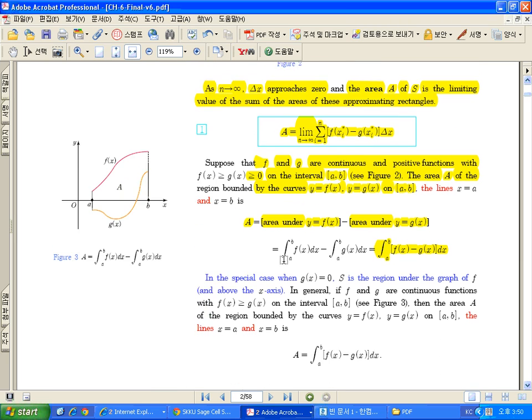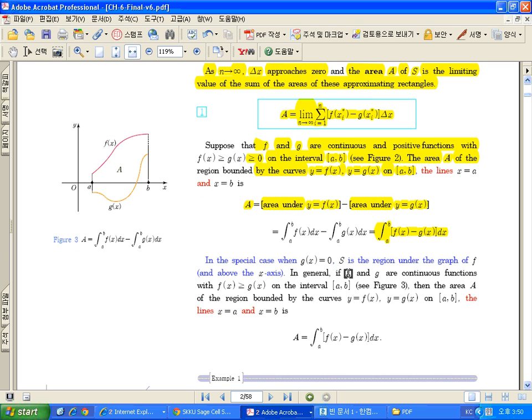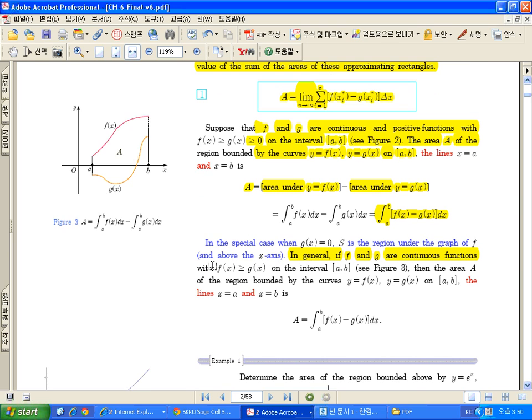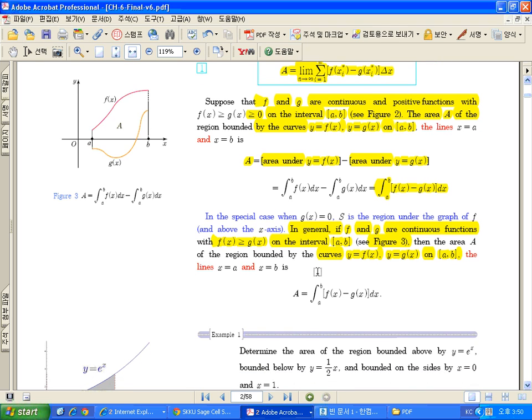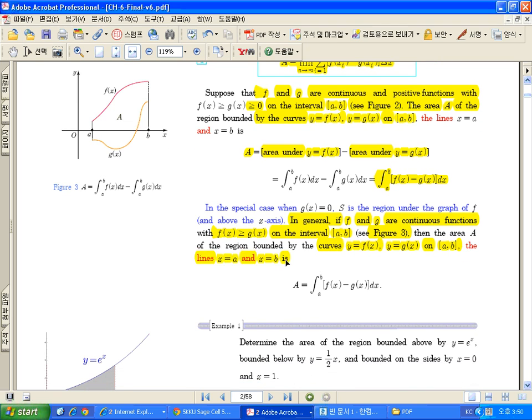And in general, if f and g are continuous functions with f(x) greater than or equal to g(x) on the interval [a, b], then the area A of the region bounded by the curves and the lines x = a and x = b is this. So this area A can be found as the integral from a to b of f(x) dx minus the integral from a to b of g(x) dx, which can be written in this way.